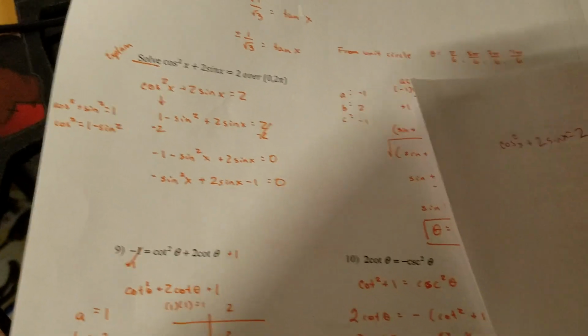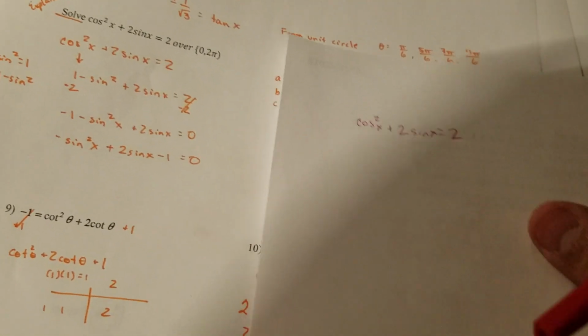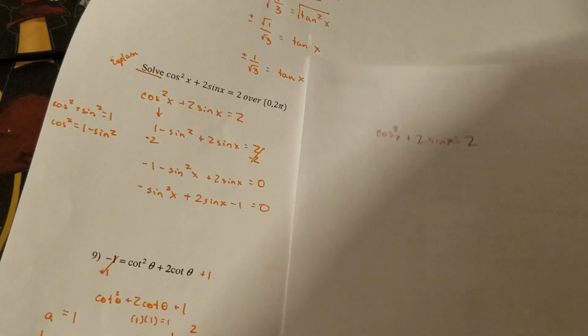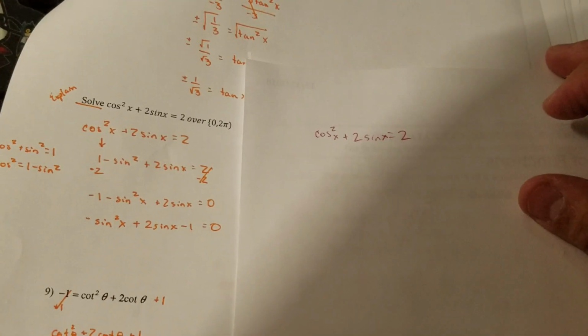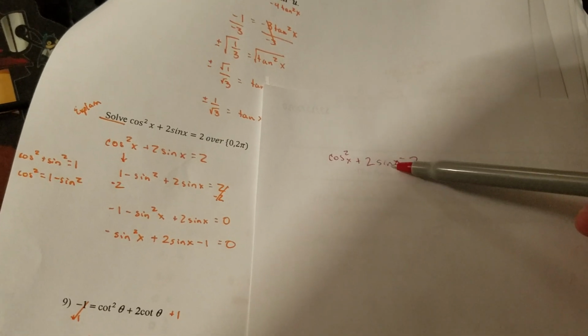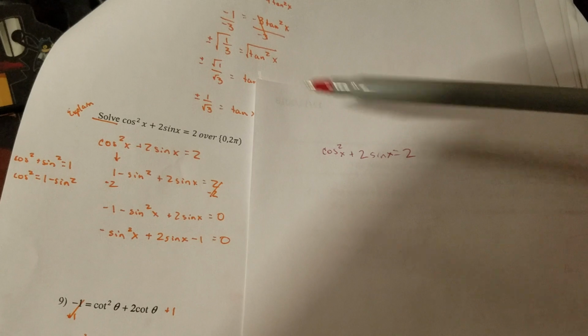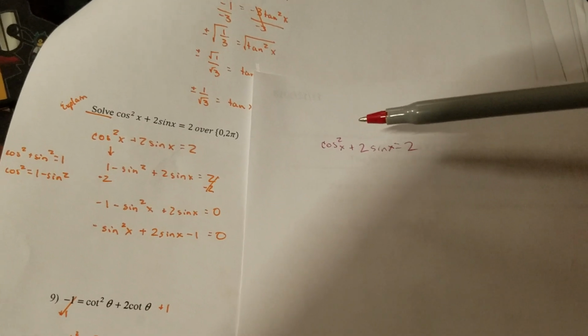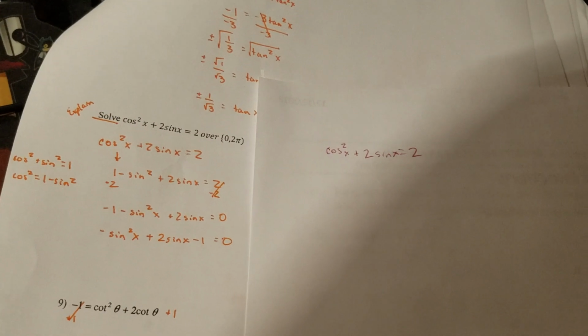Again, I'll go over it and you can see here what I did. I have a problem because this is cosine squared and sine, and in order to solve, because here it's asking me to solve, I need to have only one of those trig functions, whether it's cosine, sine, tangent, all of those. It can only be one.